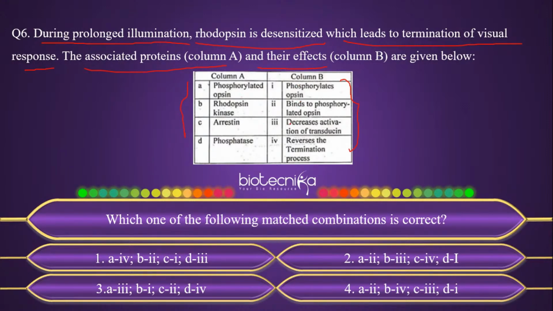But before going to that, can you say which pathway is this one? Yes, Debanjan, exactly. Which signaling pathway is this?